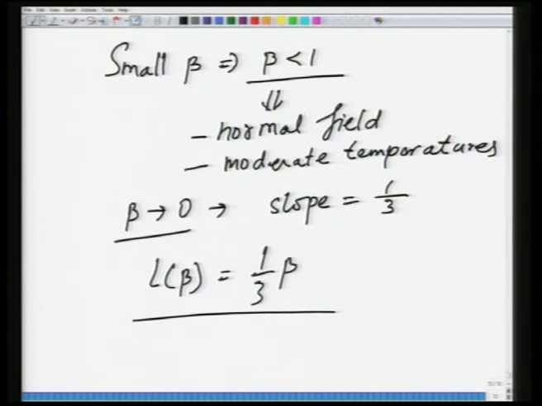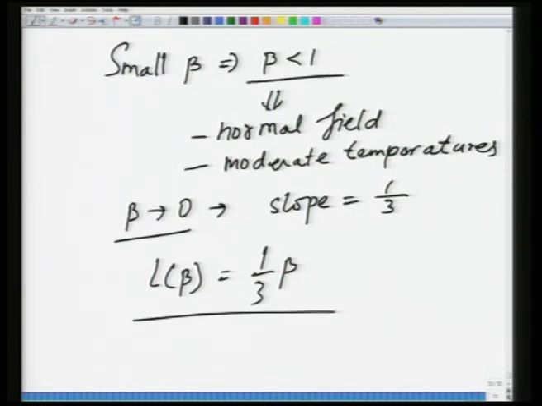This is generally true, because in practical situations for normal fields and moderate temperatures, beta tends to be much smaller than 1, much closer to 0. As a result, L(beta) equal to beta by 3 is a correct kind of approximation.